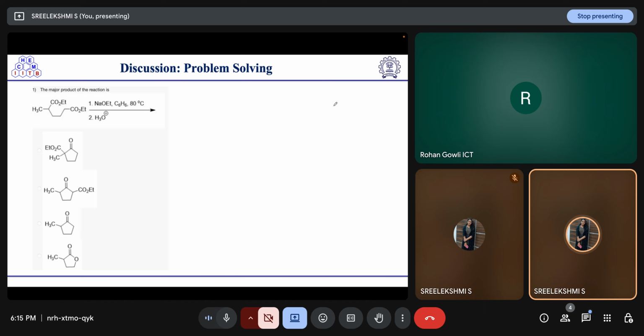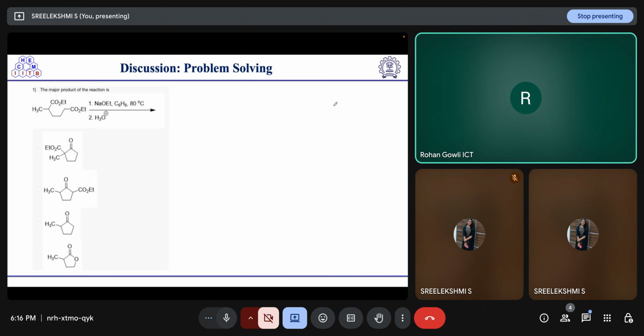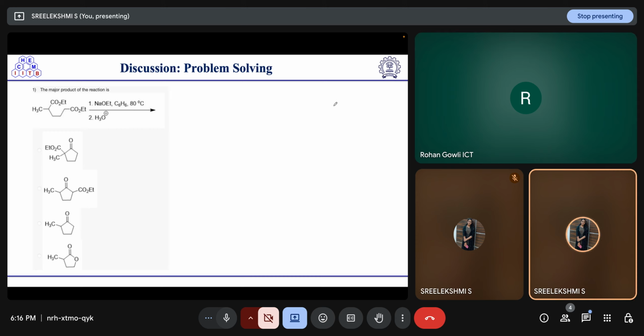What will be happening first? Sodium ethoxide is a base. So from where can it abstract a proton? From the CH3. Like proton abstraction will be from the alpha position, right?